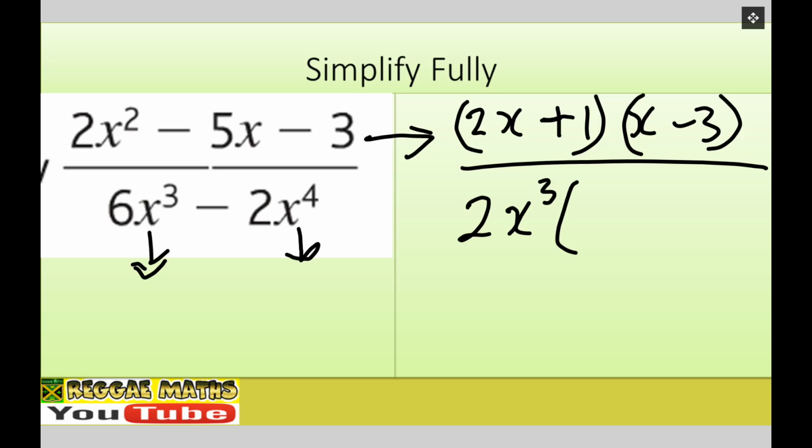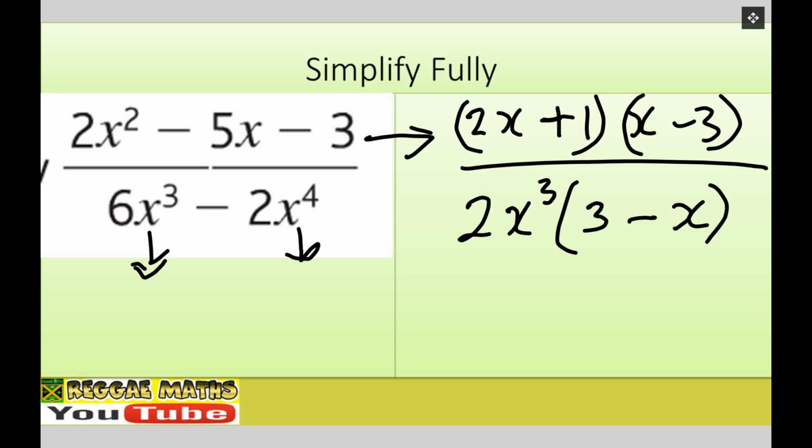Inside the bracket we're going to have 3, and then what else is common? Minus x.